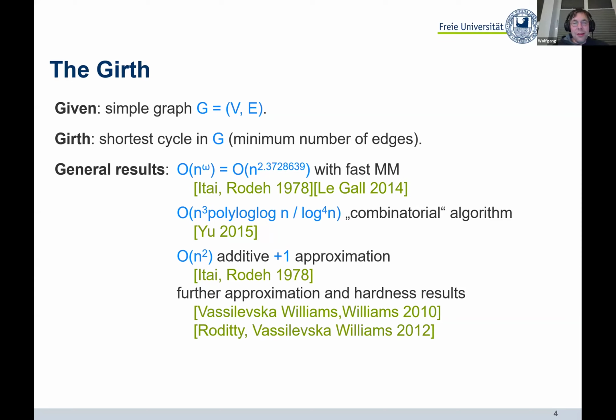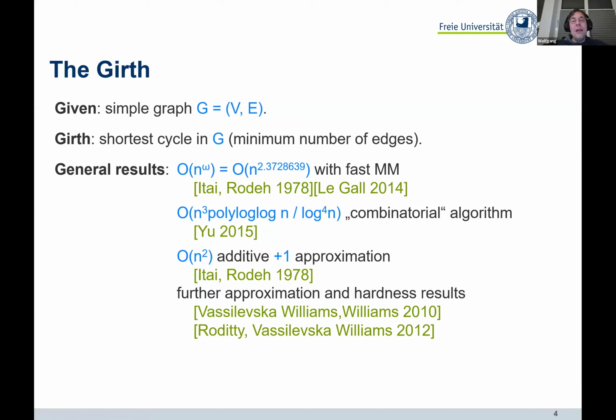The number here is slightly dated, since the matrix multiplication constant has been improved since these slides were made. Now maybe it's 2.371 something, but I don't know exactly. And this is an algebraic algorithm that uses fast matrix multiplication.